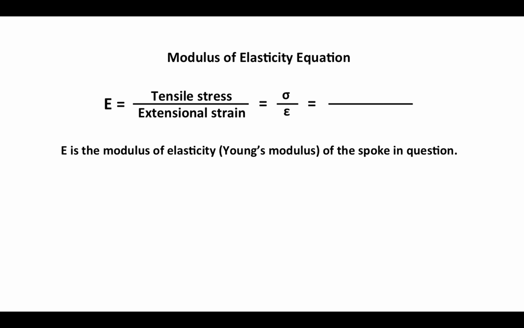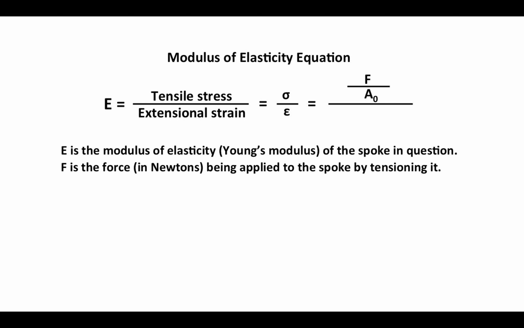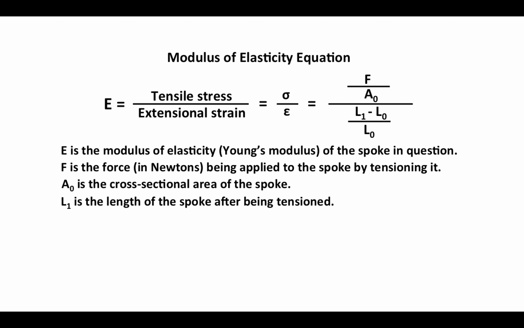And that in turn is equal to this expression here, force divided by unit area, where F is the force in newtons being applied to the spoke from tensioning it, and A0 is the cross-sectional area of the spoke. That's the beginning cross-sectional area, and that in turn is divided by this expression here, where L1 is the length of the spoke after being tensioned, and L0 is the length of the original spoke.